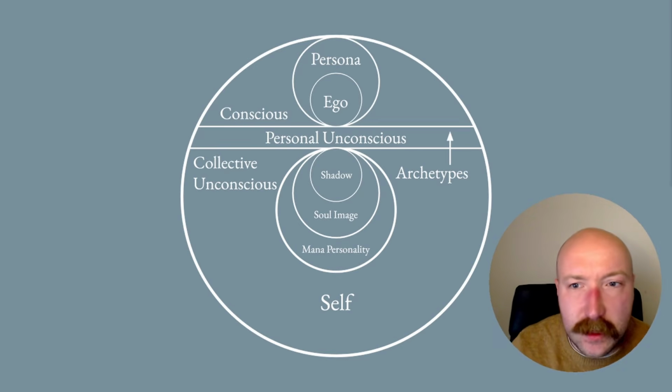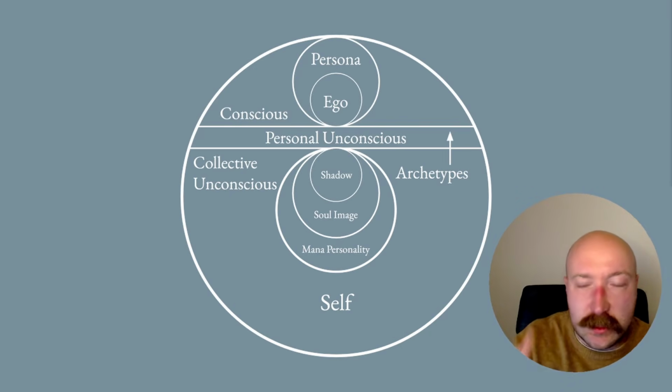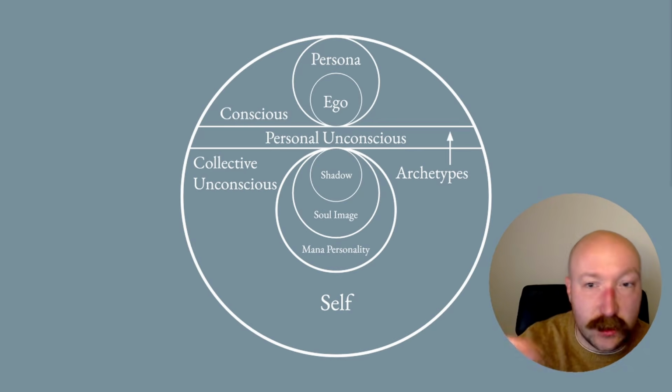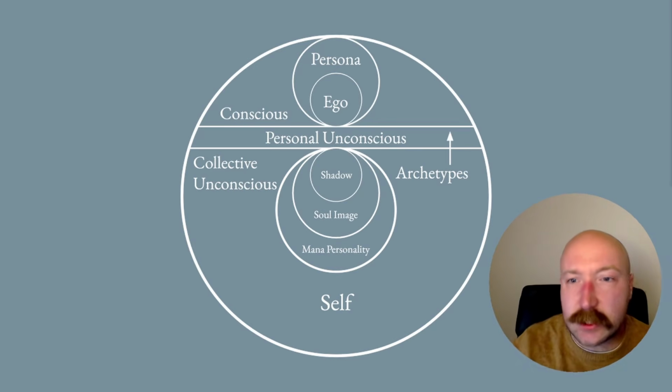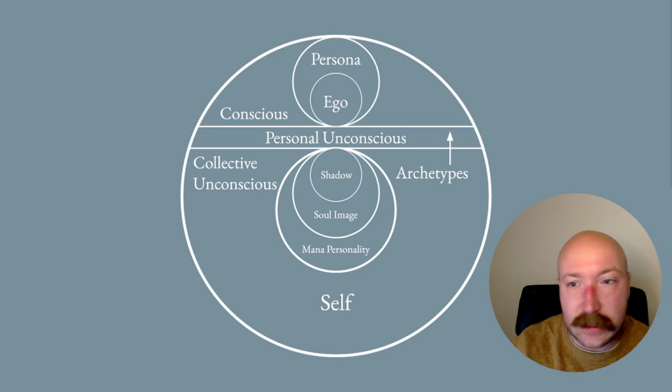Now, this can be confusing because what Jung called the self is often what we say when we mean self, which for Jung would be the ego. But Jung's Self, usually capitalized, is not the ego. It's not your conscious sense of I. Rather, it's the totality of the psyche, conscious and unconscious, personal and collective, ego and everything beyond ego.